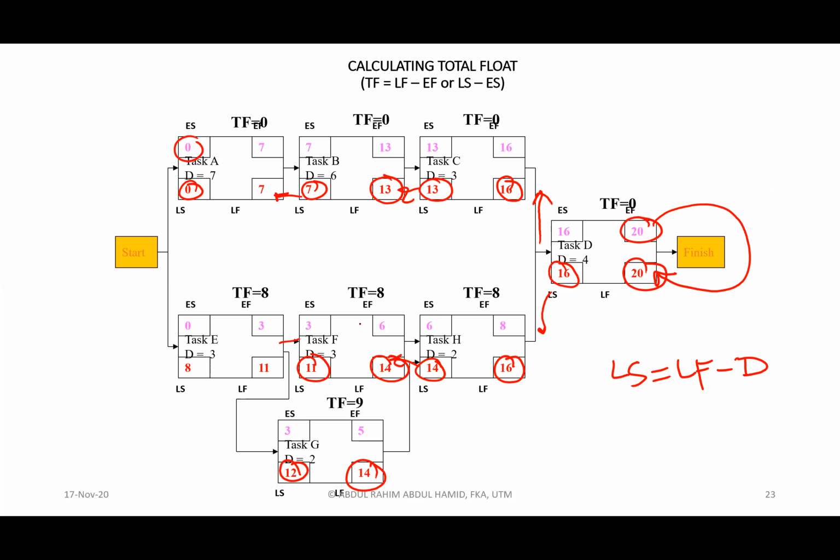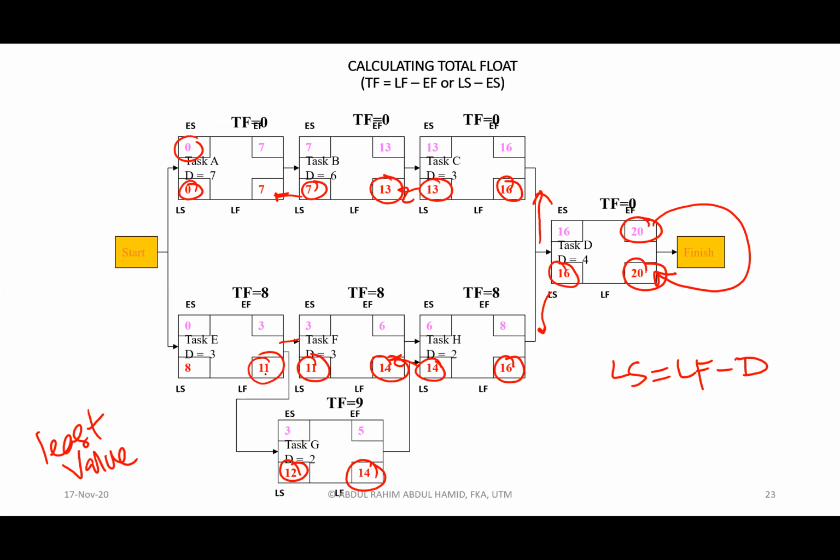Now you notice that there are two arrows going back inside E. One is coming from F, one is coming from G. When you do backward pass, you will take the least late finish value to become the late finish value.